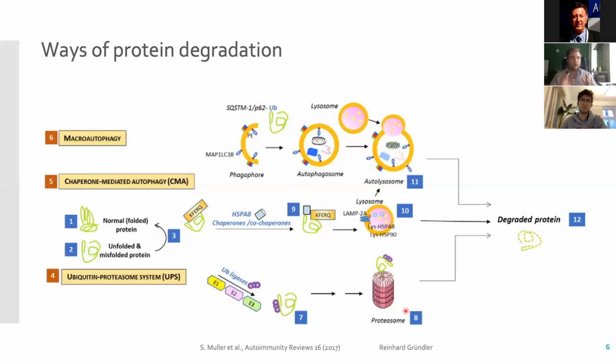This is one pathway to get rid of protein, but it doesn't really have something to do with autophagy here, because autophagy is a different pathway, or in this case, two different pathways.